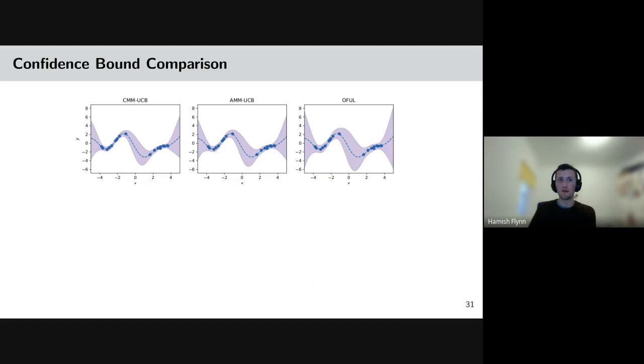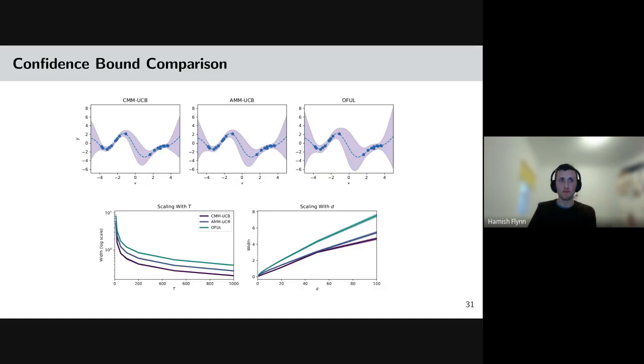So I'll now present some experimental results, and I guess the main purpose is just to check whether there is much of a difference between CMM-UCB, AMM-UCB, and OFUL in practice. So at the top, I've just plotted all three confidence bounds where the feature map consists of 20 random Fourier features.